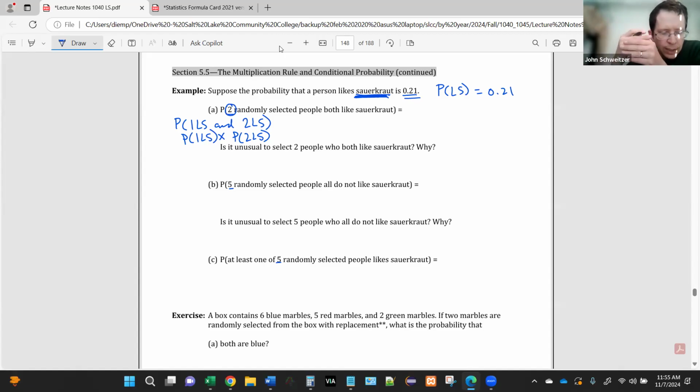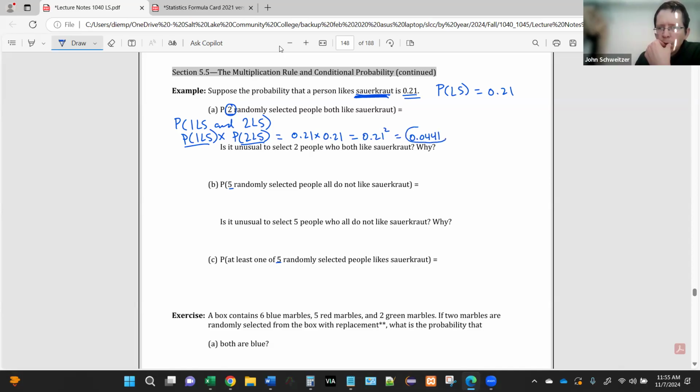If the first person likes it, that does not change the probability that the second person likes it, right? Now, if you chose 2 people from the same family, that might be different. But we're going to choose from a large population, so we do have independence. So how does that help us? Well, I know each of these probabilities. They're each 21%, right? So I have 0.21 times 0.21, so that's 0.21 squared, which is about 4%.